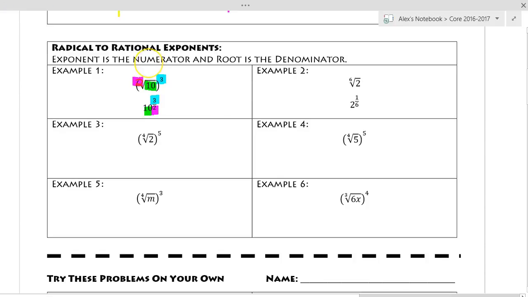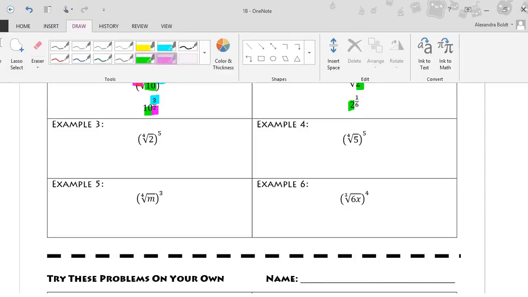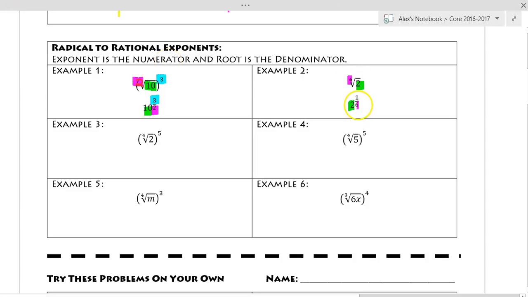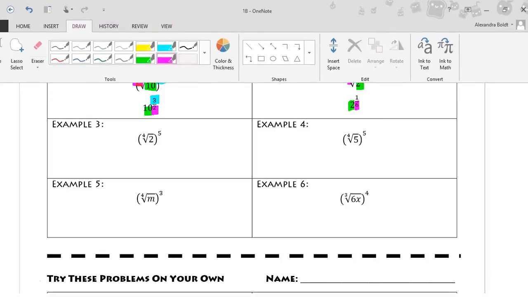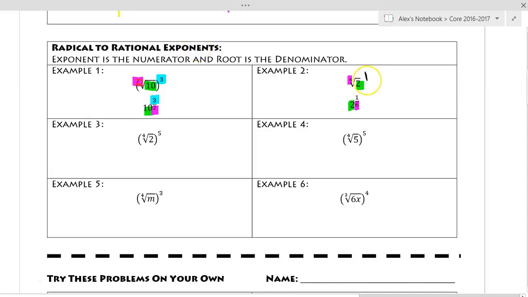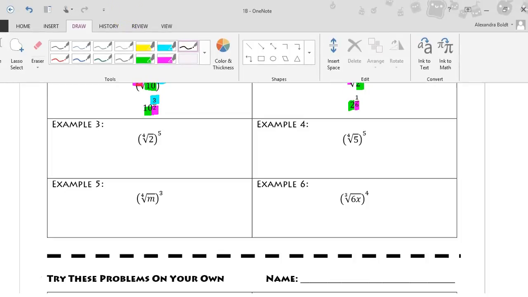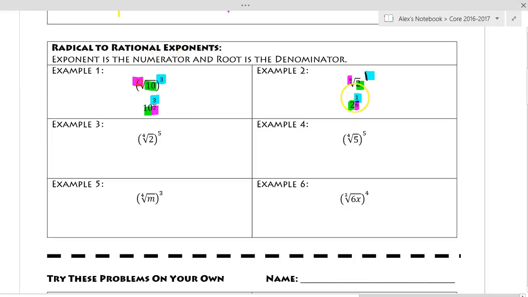Looking at example 2, I have 2, that's my base, whatever is under the radical. I have an index here, the number on the outside, but I don't have an exponent, so that's just going to be 1. If I don't have an exponent, it's simply 1. So the 6th root of 2 is just 2 to the 1/6.